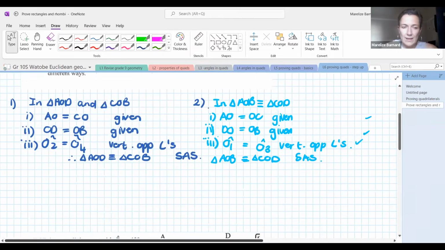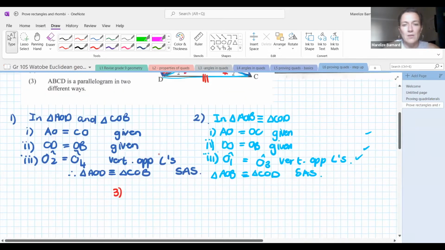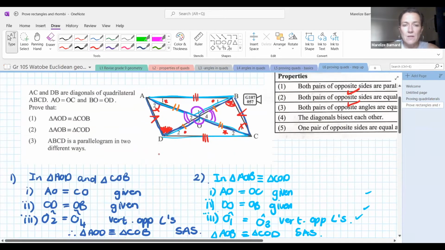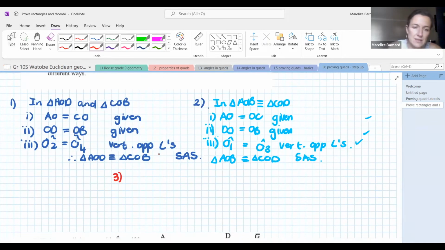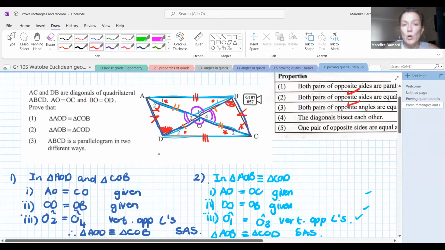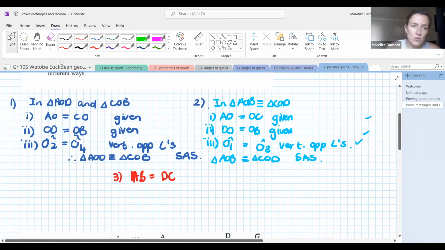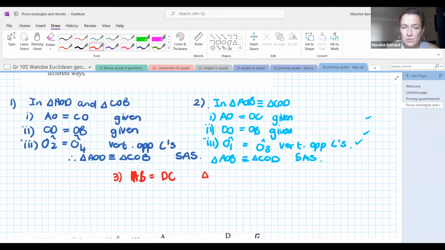Okay. So how do we write that? Remember, we always need to give our reasons. So our reason for AB equal to DC is the fact that triangle ABO and DCO are congruent. That was in your first congruency. So you never write congruent triangles. You write which specific triangles you are talking about that are congruent.